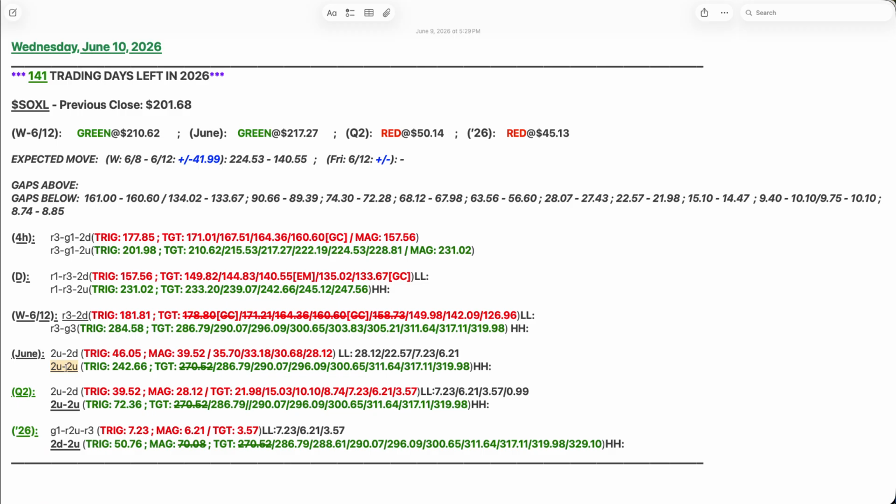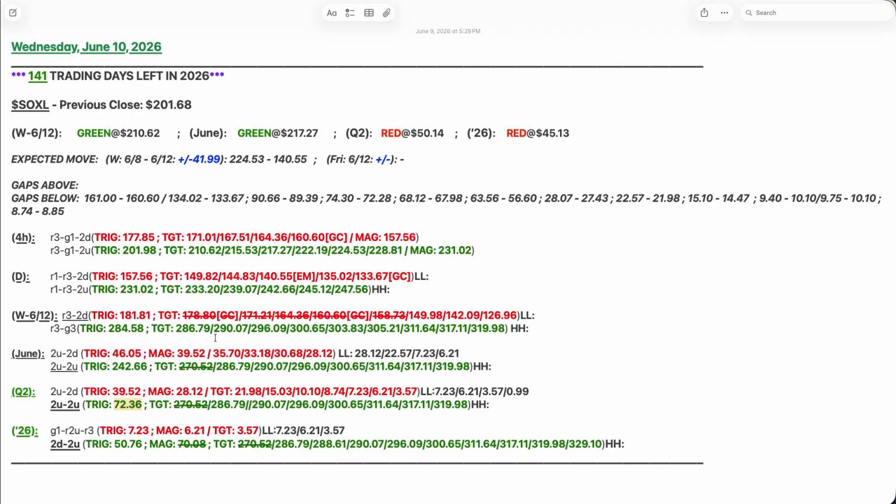There's no magnitude for that move, however, because it's a continuation. So we've just got some extended targets to the downside here for you, including market makers expected move low here at 140.55, and then another gap close all the way down here at 133.67.